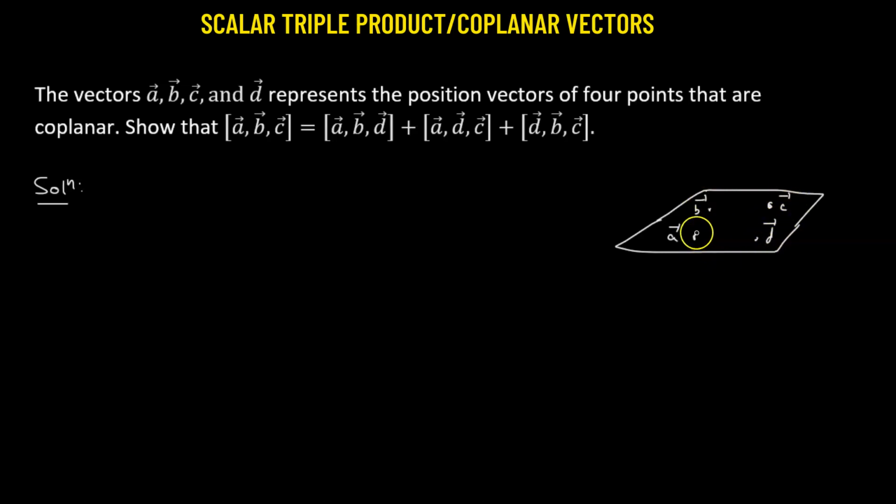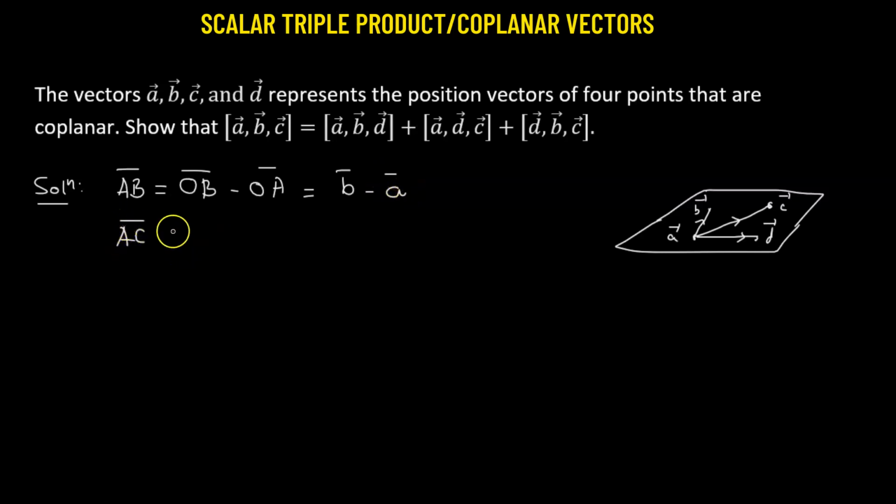So what we'll do, we'll join point A and point B, represented by the vector AB. Then we'll join AC and AD and determine the vectors AB, AC, and AD. So let's do that. AB vector is defined as the position vector OB minus position vector OA, so this is simply B vector minus A vector.